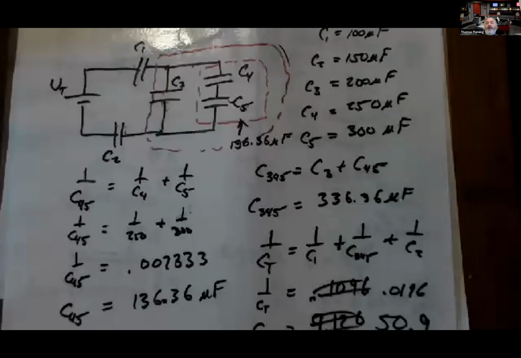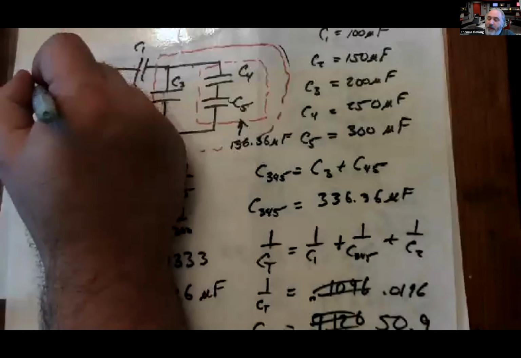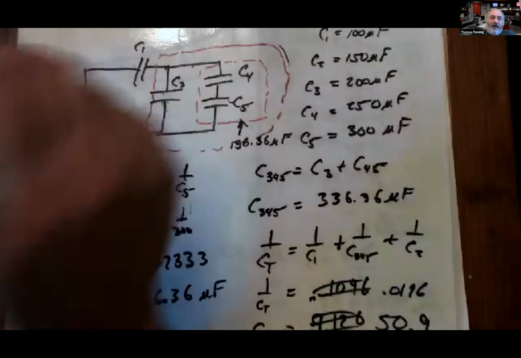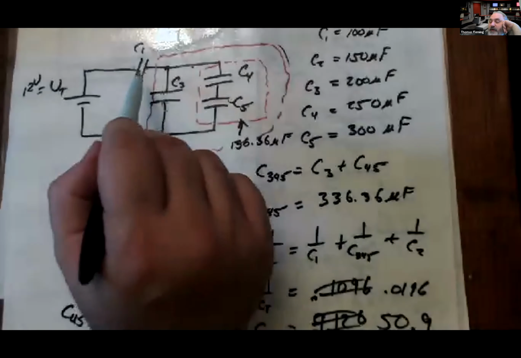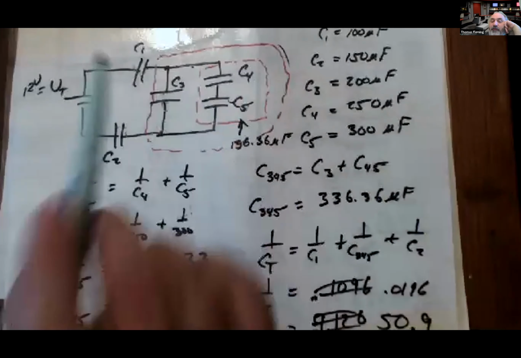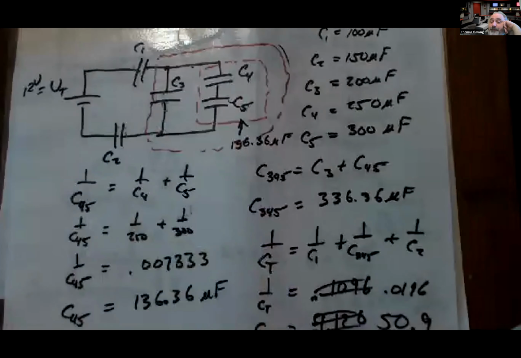So since we've already done half the work here, let's take this particular set of capacitors and assume that the battery I'm hooking them up to is a 12-volt battery. What I want to do now is figure out how much charge is going to end up on each of these 5 capacitors.